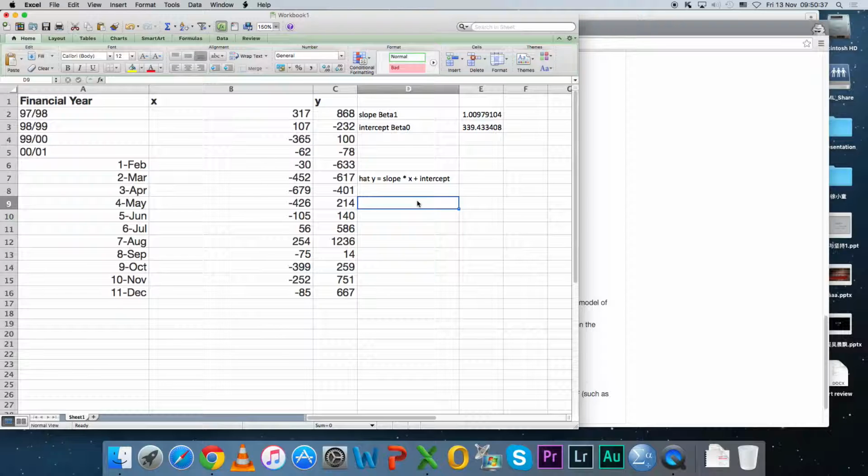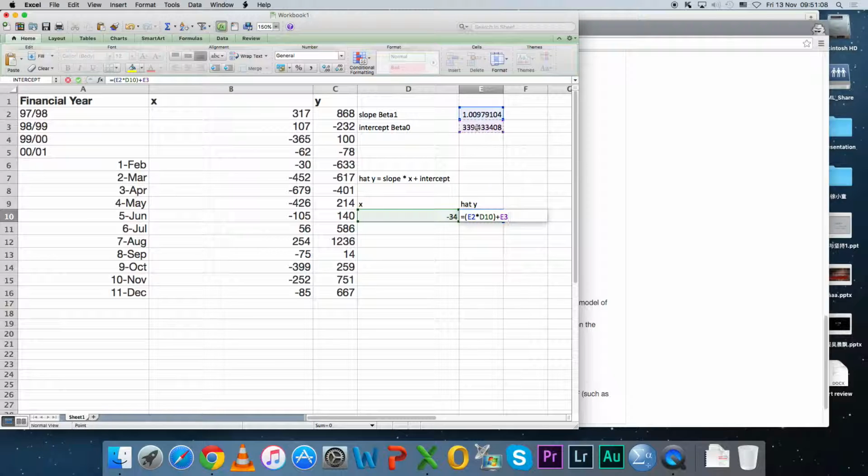So we know that the x provided by the question is equal to minus 34. So the y hat is equal to the slope times x plus the intercept.